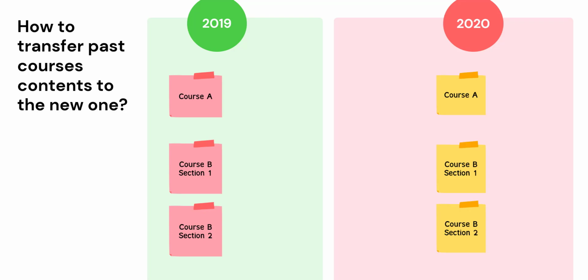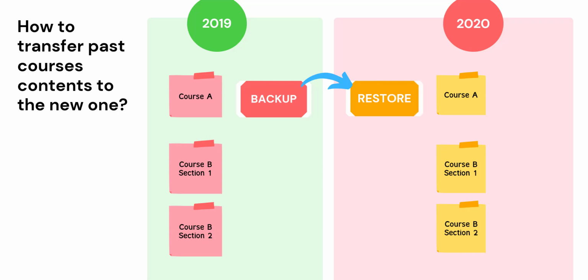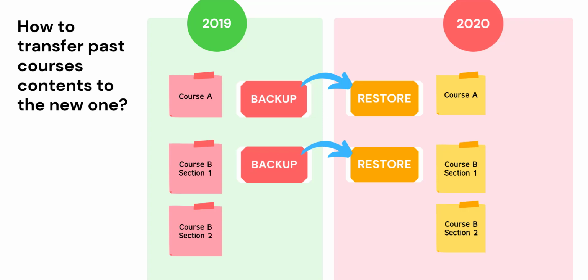To transfer this to the new academic calendar, we have to do a backup in the old iTa'LeEM, and then we have to restore in the new academic year iTa'LeEM. The same thing for course B, we have to do backup and then restore in the new academic calendar.